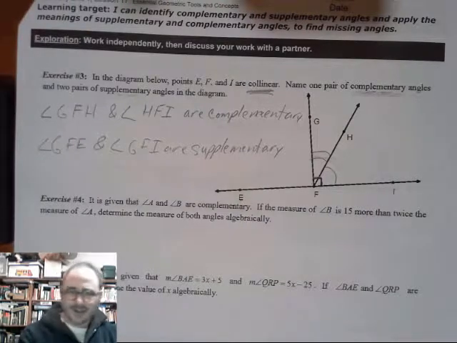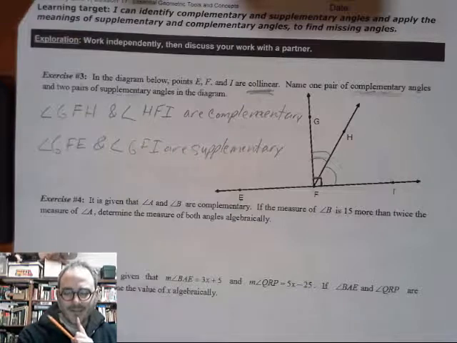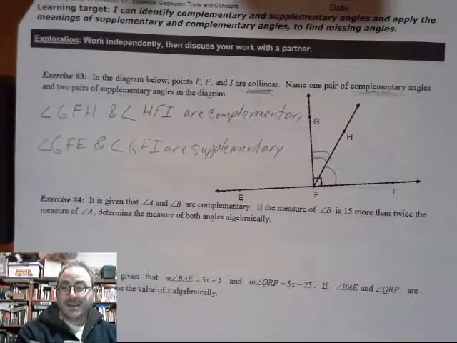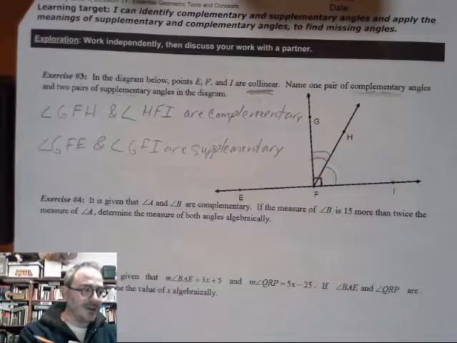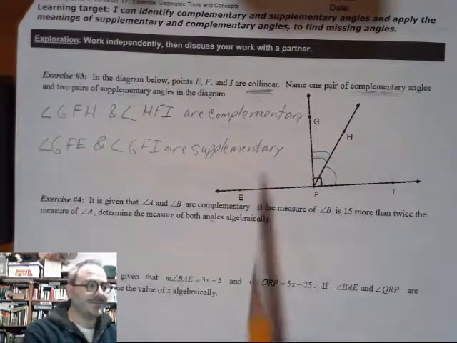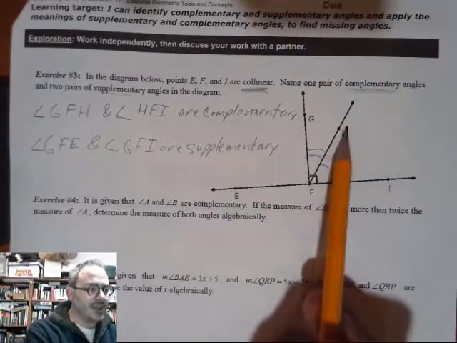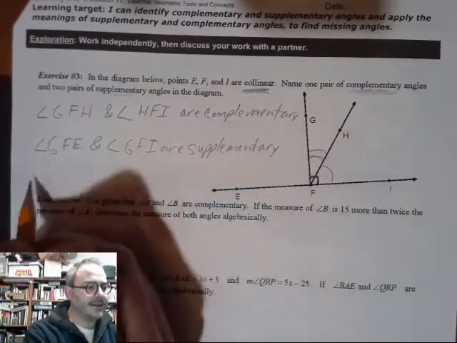There's another pair of angles here. Pause the video here, see if you can find them. Take a look. You have to puzzle this one out. And the other pair of supplementary angles that add up to 180. Well, okay, now you're unpausing the video here because you found those angles, right? If you look at it long enough, you say, okay, what about EFH and HFI?